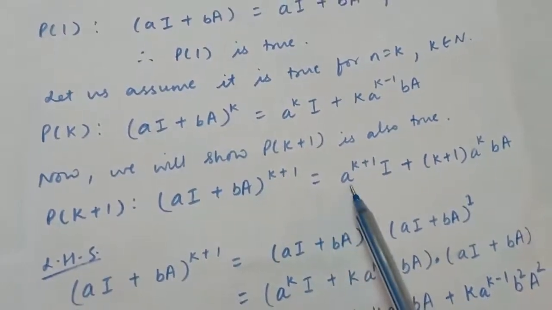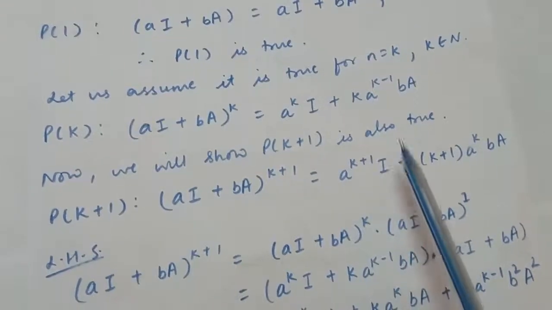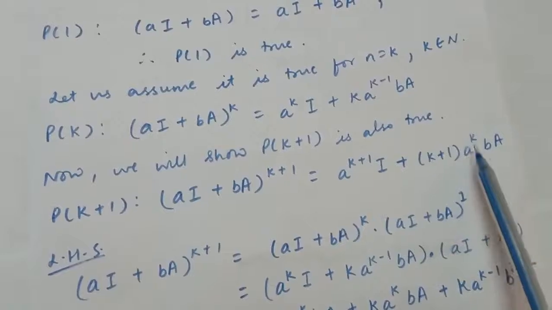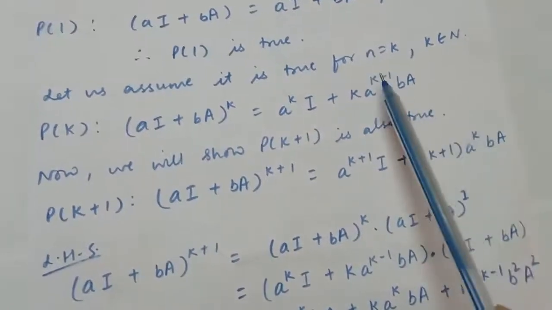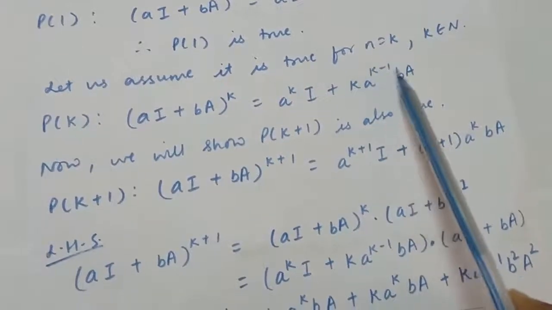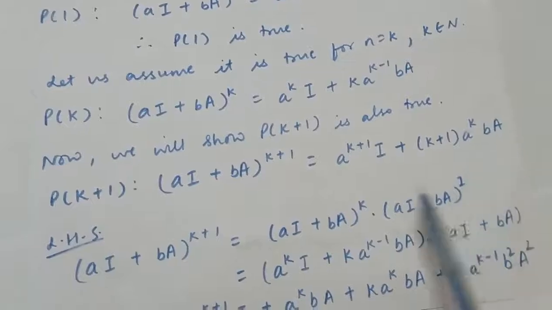Right hand side will be a raised to the power k plus 1 into I plus, in place of k, k plus 1 into a raised to the power k. When you write in place of k, k plus 1, then k plus 1 minus 1 will be k, into bA.